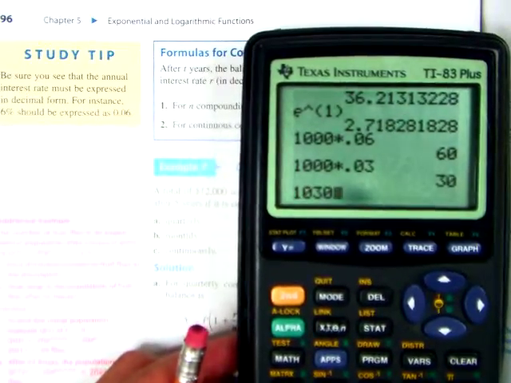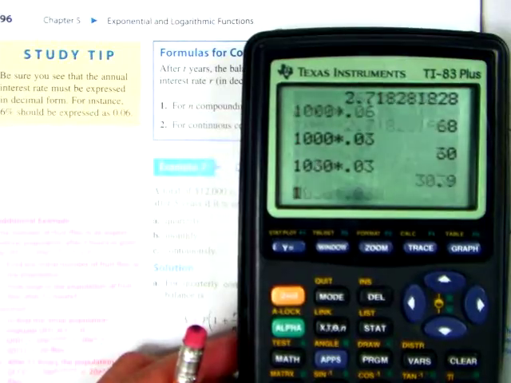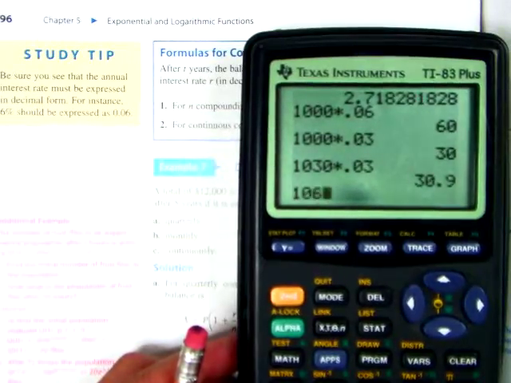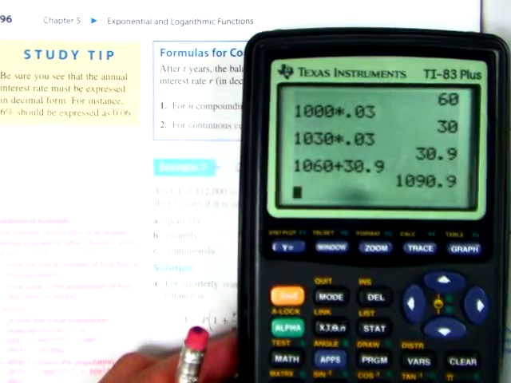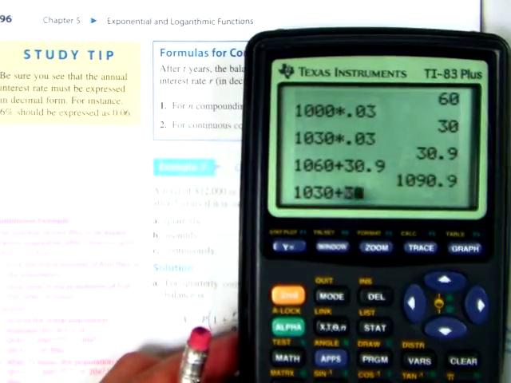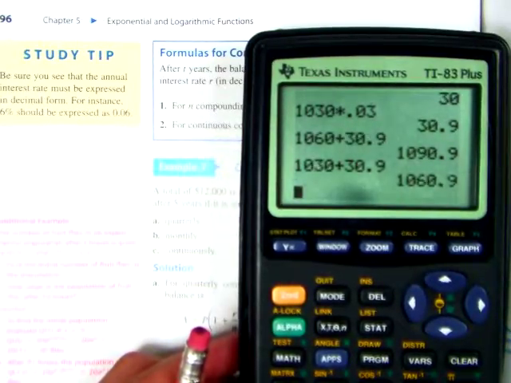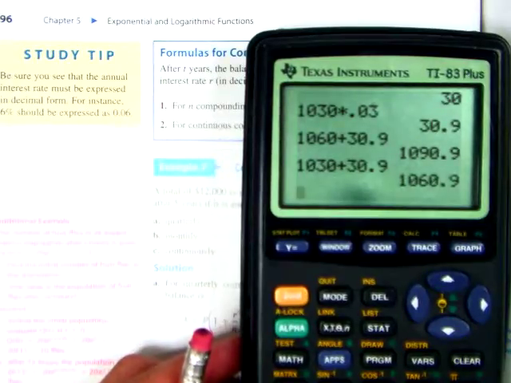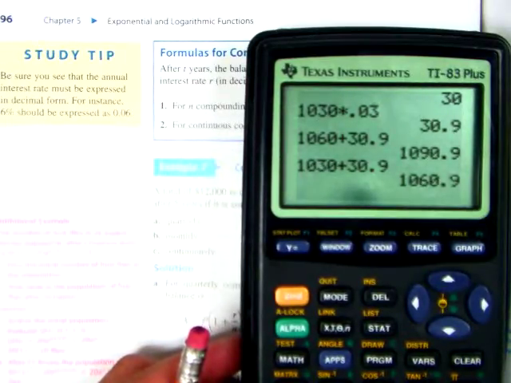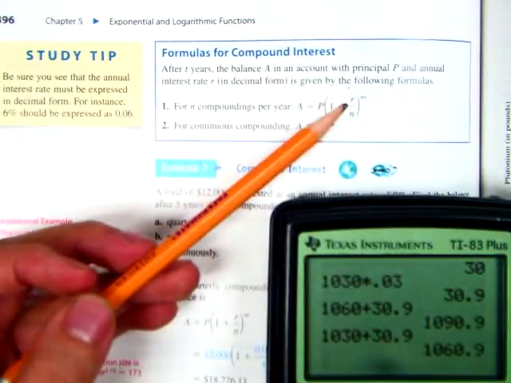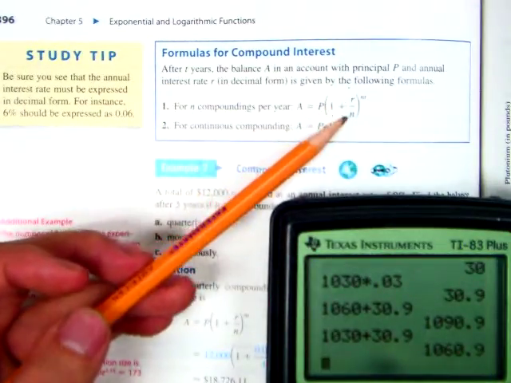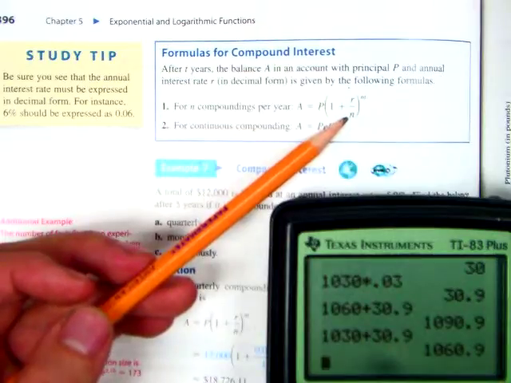Then you'd have 1,030, but could you do that twice a year? So now take this and multiply by 3. Your total amount would be 1,030 plus 30.9. Whoops, I'm sorry, that's 1,030 plus 30.9. And you'd have 1,060.9. You'd get yourself an extra dollar by doing that.